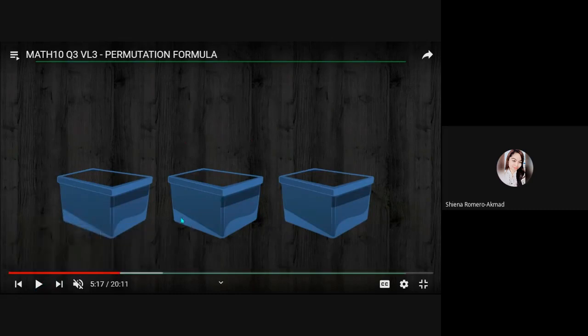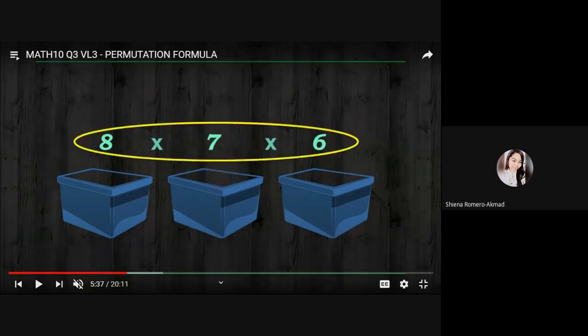For the second box, kapag pumili tayo ng isa dun sa 8, we'll have 7. Then, dun sa last box, we have, of course, 6. At ano napansin nyo dito sa 876 na to? If we multiply them, what will be our answer?